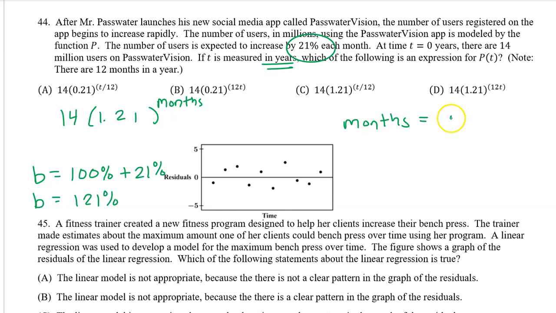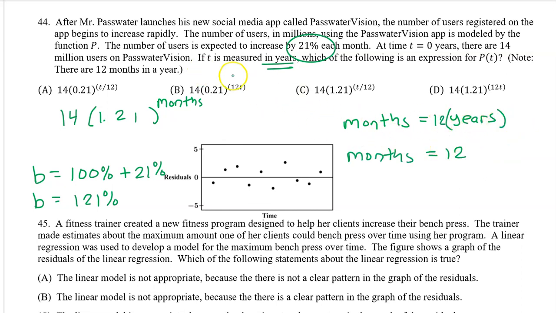So let's say I have the number of years. To turn this into months, am I going to divide by 12 or am I going to multiply by 12? Well, let's say we were talking about 3 years. If I wanted to turn this into months, I would do 3 times 12. That would be 36 months, right? 3 years is 36 months. So the number of months is the number of years times 12.